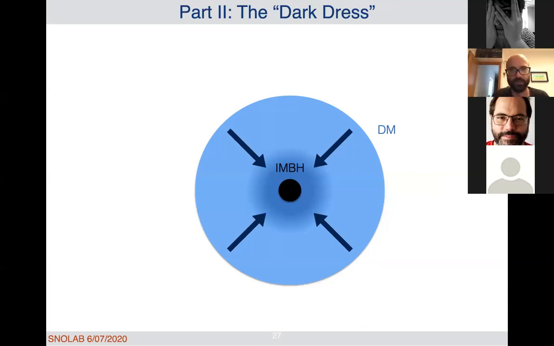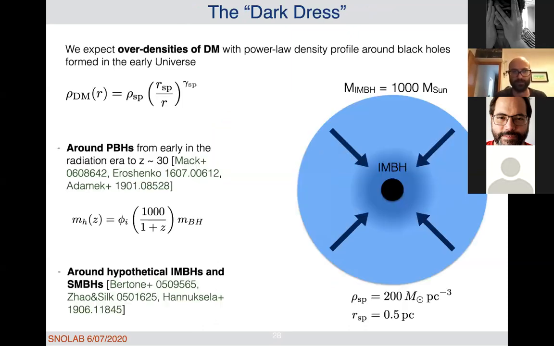And the key point of the discussion will be the fact that black holes that formed in the very early universe, both primordial black holes and also these hypothetical intermediate mass black holes that have been proposed several times in the literature, are expected to form overdensities of dark matter around them and to modify the distribution of dark matter around them. So there is this interplay between black holes and dark matter.